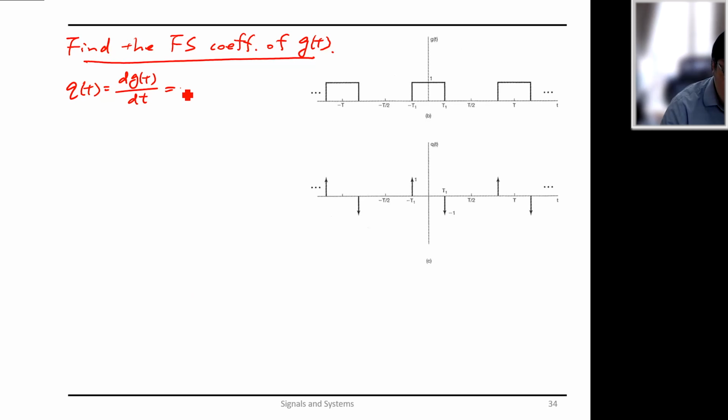Okay, so you have x of t plus t1, where this x is the impulse train that we gave on the previous slide, minus x of t minus t1.